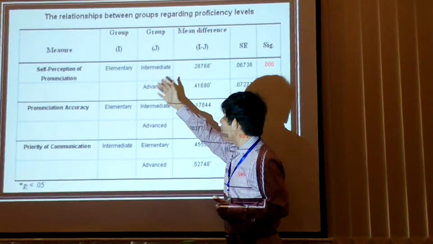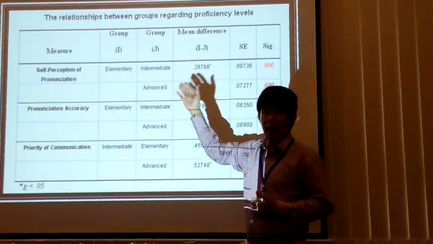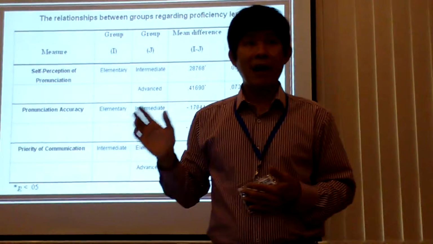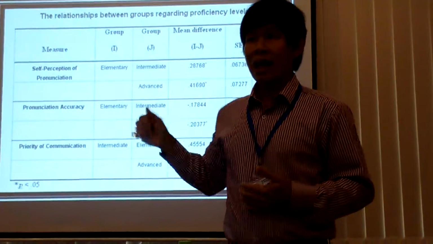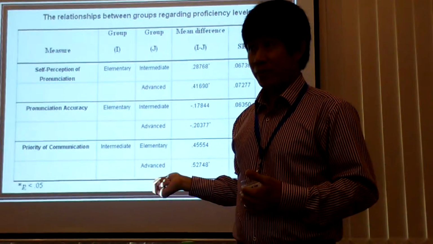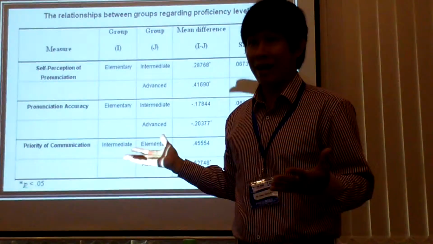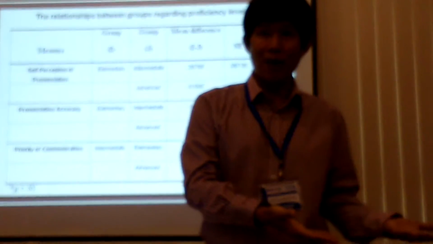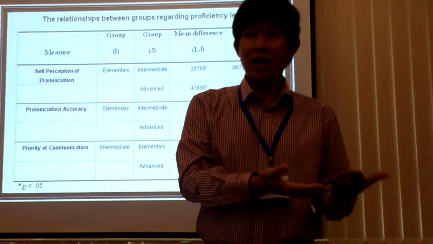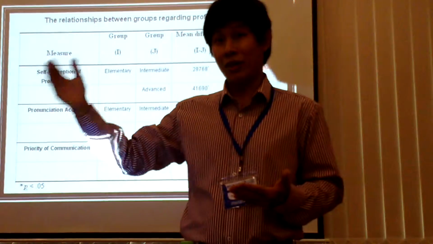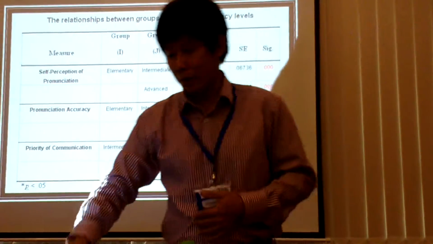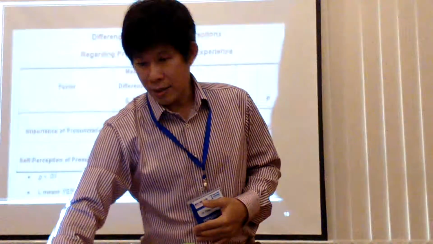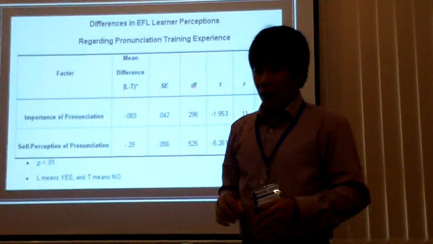It means elementary level students have more negative perceptions of their own pronunciation than the other 2 groups. Okay? Significantly. Of course, it's easy to understand because they are at a low level and they think their pronunciation is not good enough compared to the more advanced levels. It's easy to understand. Okay, you will see the summaries of the findings on the next slide.